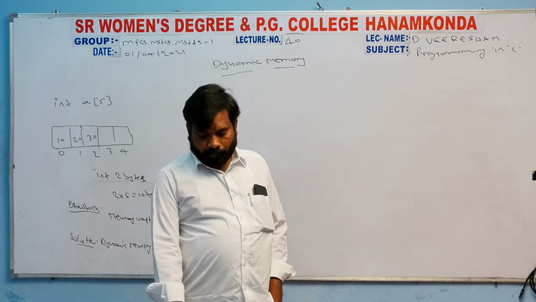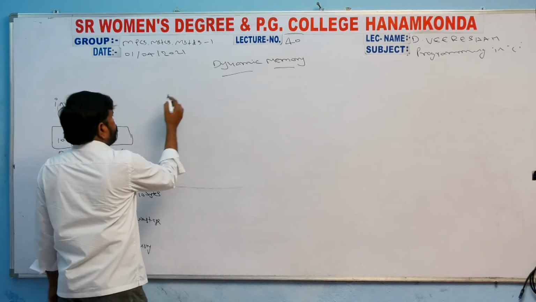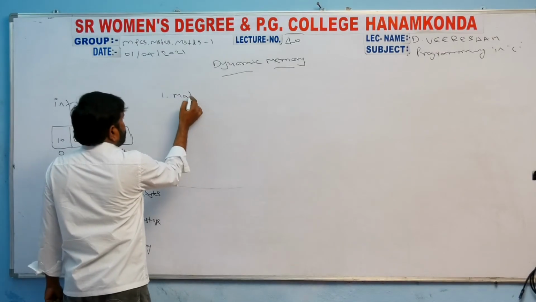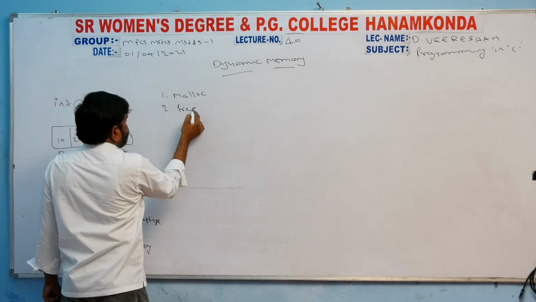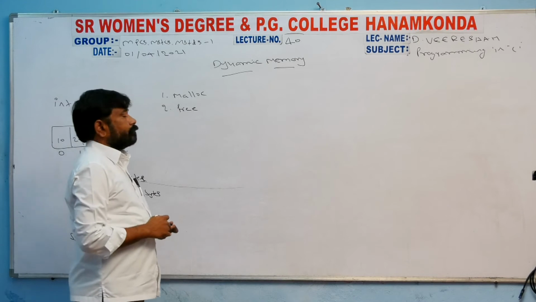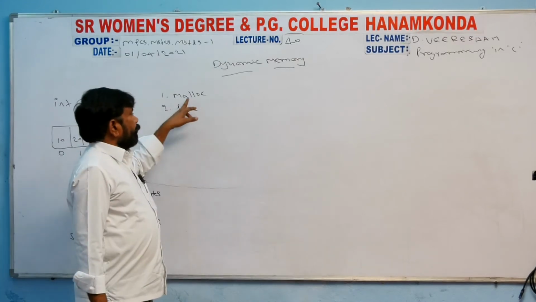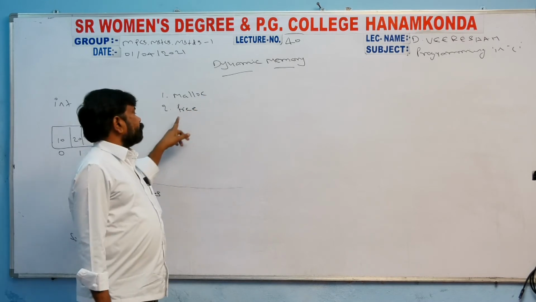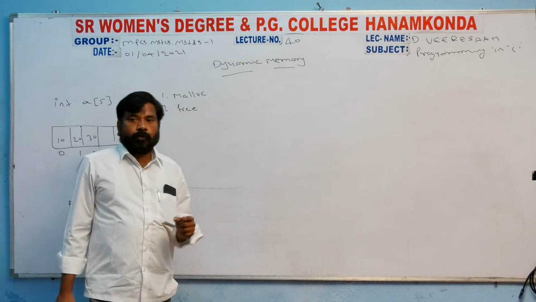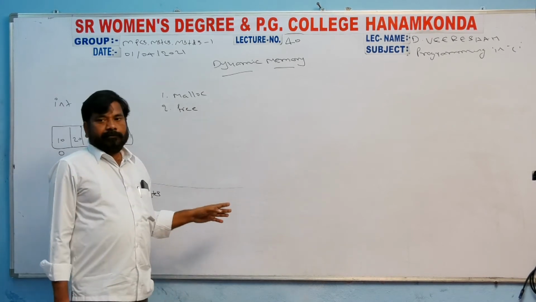For this, we are going to use two things. One is malloc. The second one is free. These two are library functions. Malloc is a function which is used to allocate the memory at runtime. Free is a function which is used to release the memory after usage of the array.